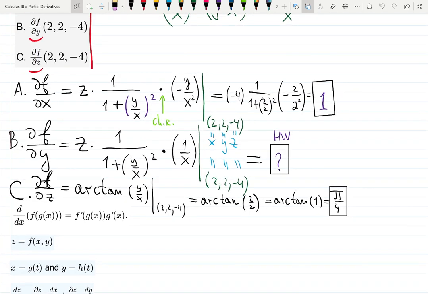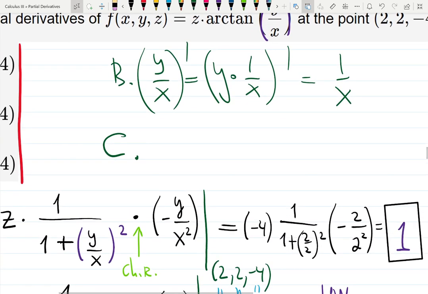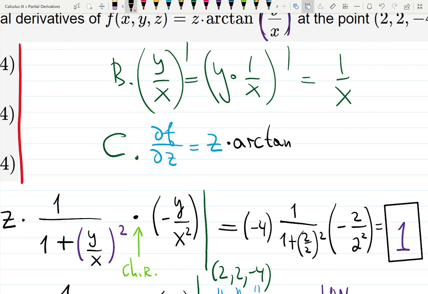Yes. Can you explain again why it's arctan? Yes. So let's see. For C, I will color code it. For C, I'm taking the derivative df with respect to z. That means z is the only variable. Arctan in black is y over x.